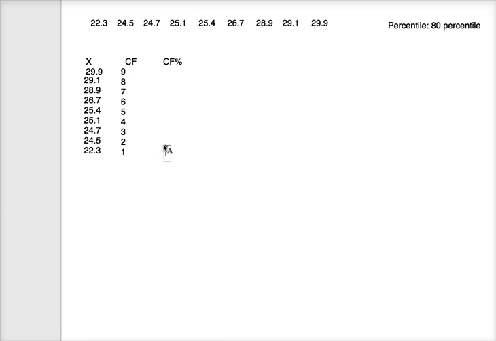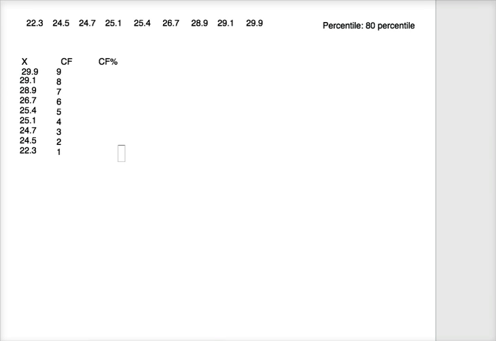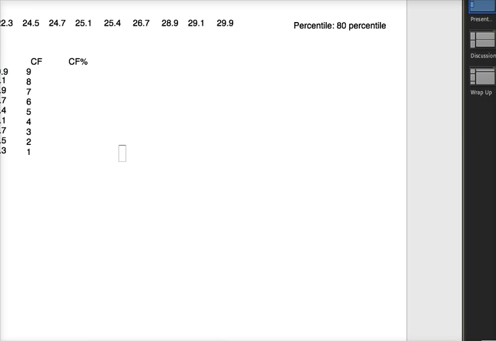Now over here in the cumulative percentage, we are going to just do the cumulative percent of the total sample size, which is 9. So to calculate the very first number, you're just going to take 1 divided by 9. And we're going to enter these in here.